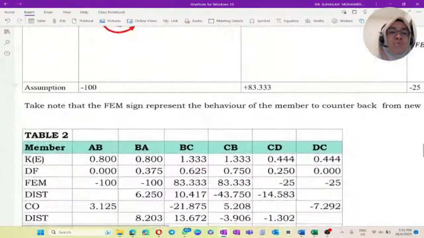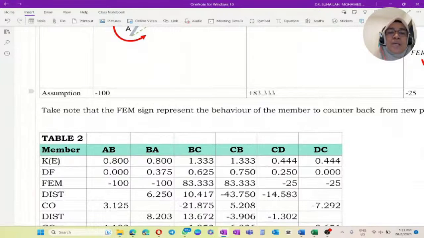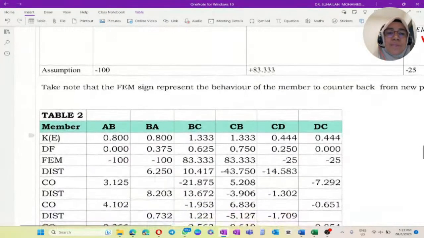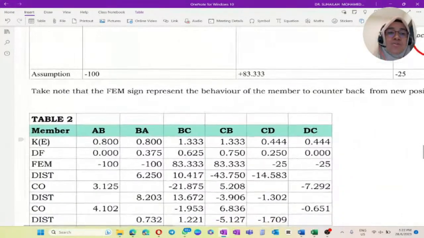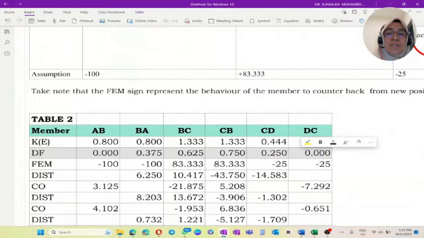Okay, we move to table number 2, the moment distribution table. As usual, the table must have distribution factors, which we calculate based on member stiffness and joint stiffness. The detailed explanation has been discussed in my previous video under step number one.